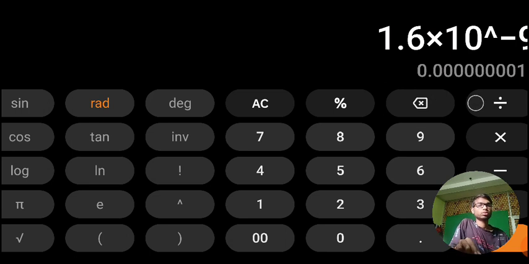So this much coulomb, 0.00016. 1 electron is equal to 0.00016 coulomb. This is not a large number. This is very less. You can see.